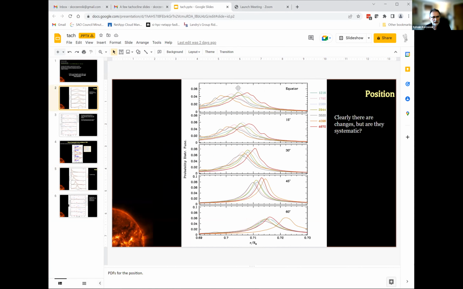And this is the distribution of the position. Again, as a function of different latitudes, and with colors as a function of different time series. And there, of course, you see her question: are those changes real? Since we know that there remains some systematics in the mode fitting.